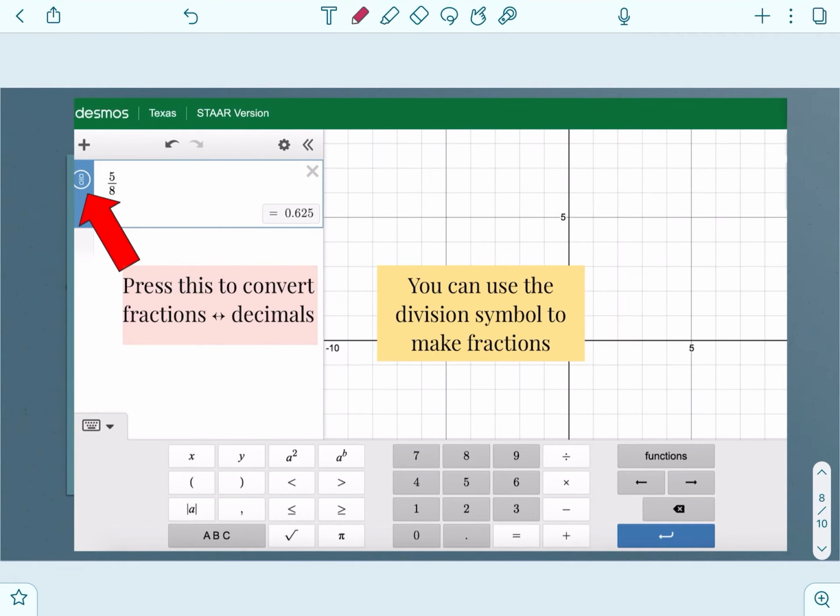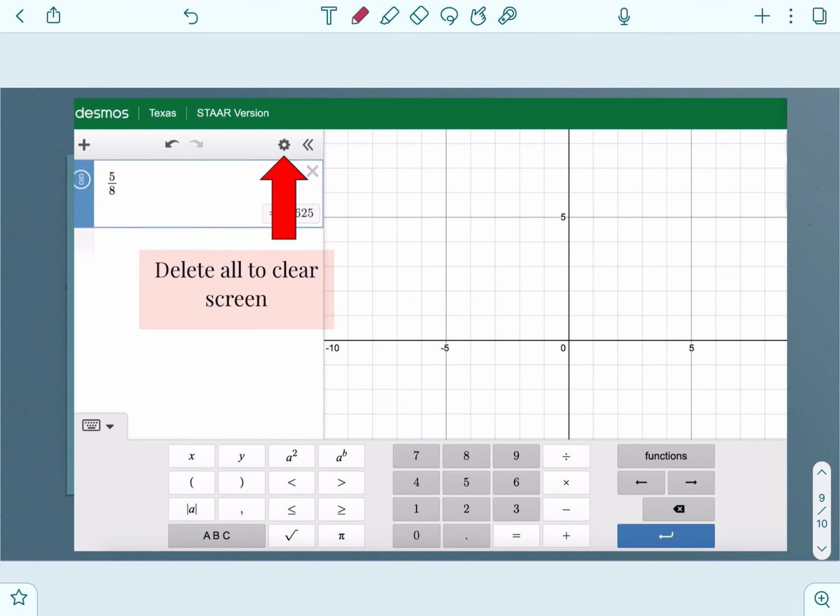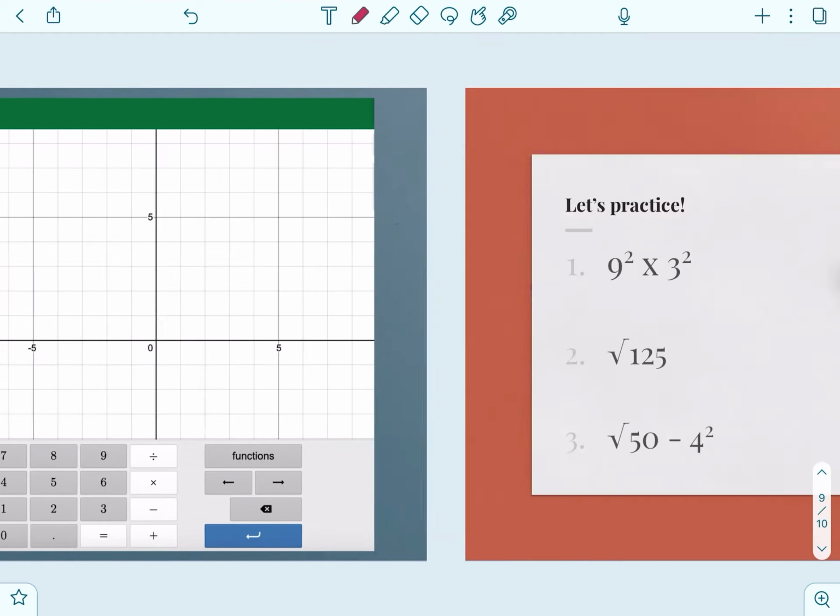When you press that button, you can convert your numbers into a fraction or decimal. And finally, if you want to delete your whole screen, you need to press that gear button, which clears your screen.